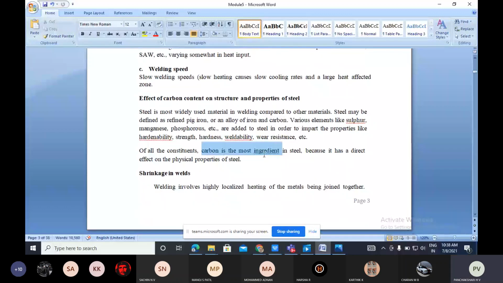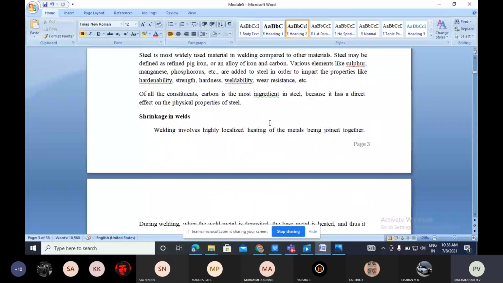So it affects the welding. That is the major problem, major advantage, everything is there. So this is about the influence or effect of carbon content on the structure and properties of steel.